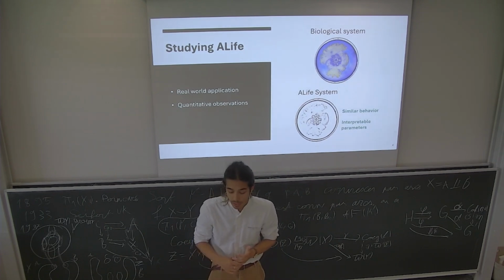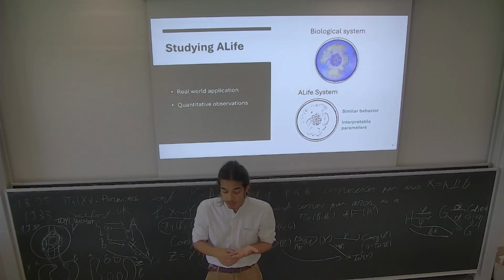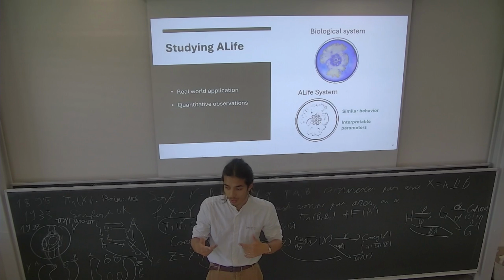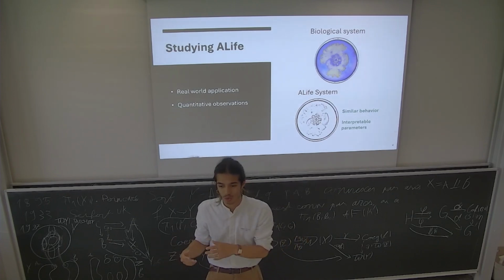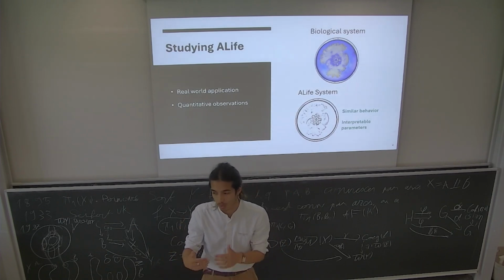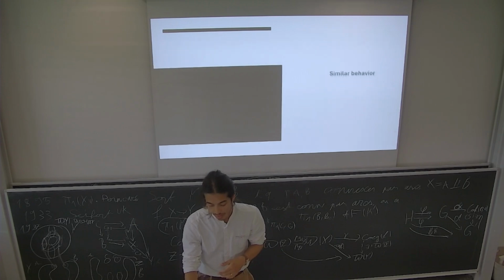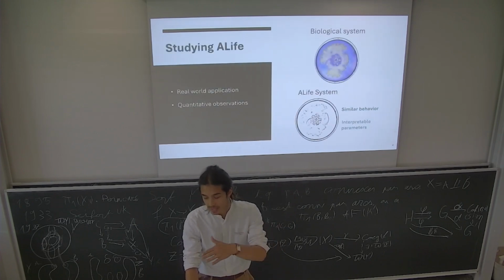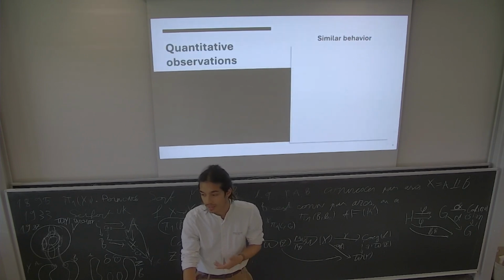And the other way to do that is a top-down approach, where you know what your system looks like, and then you train the model in order to make the system learn what the rules should be, so that your model looks like your system. And eventually, it will have at the end similar behavior and interpretable parameters that you can then study.